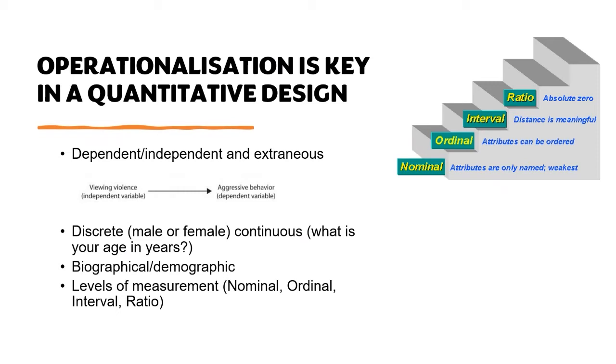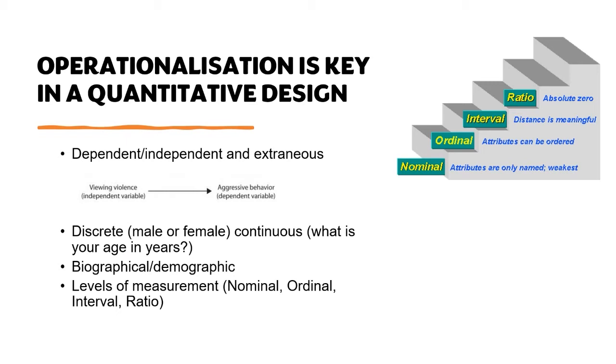For example, where we say viewing violence on television might lead to aggressive behavior in children, then we see the independent variable is causing the effect, which is aggressive behavior, which is dependent on viewing violence. We can look at our variables as being discrete. In other words, it can just have a single value, male or female, or it's continuous, such as what is your age in years.